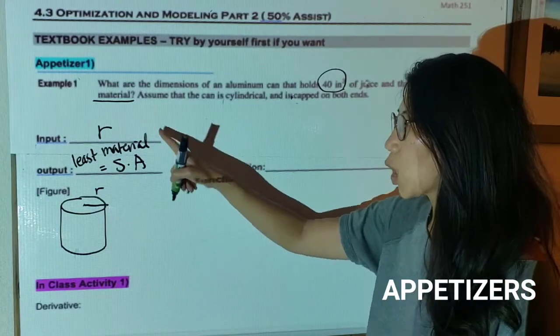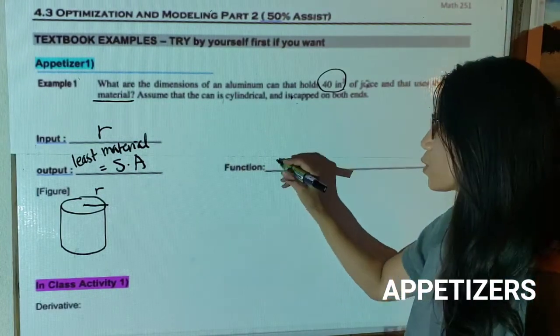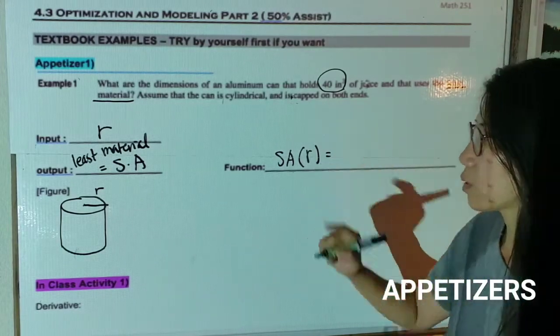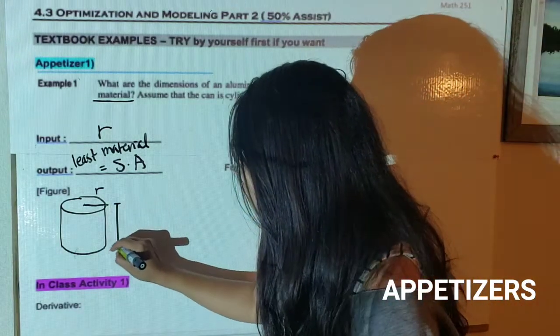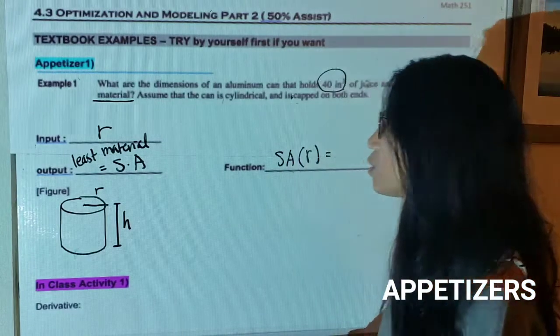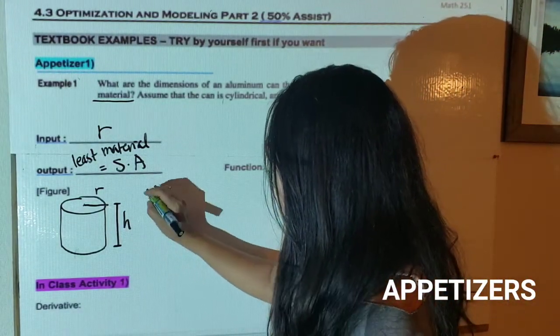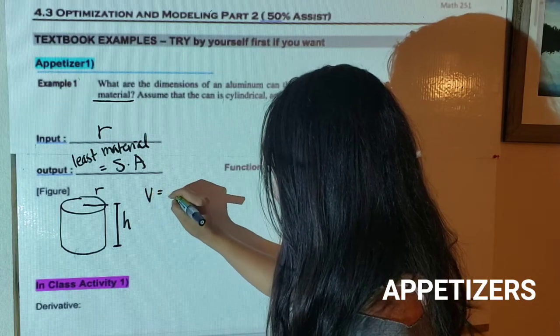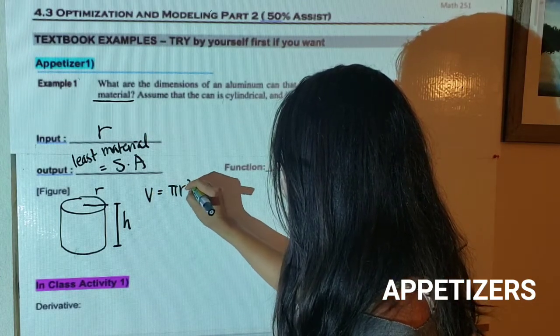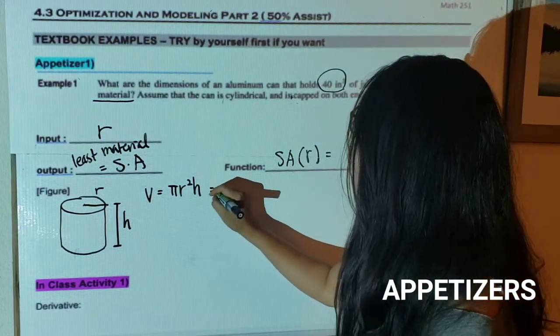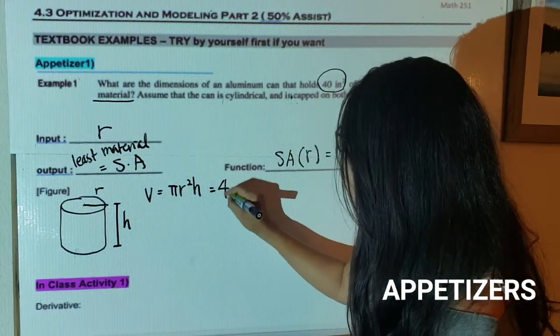So input R, surface area output, then the function has to be written in this form, and everything has to be written for R. If you remember, that's H, and one piece of information they gave me is the volume, equal to pi R squared times H, which is given as 40 inches cubed.